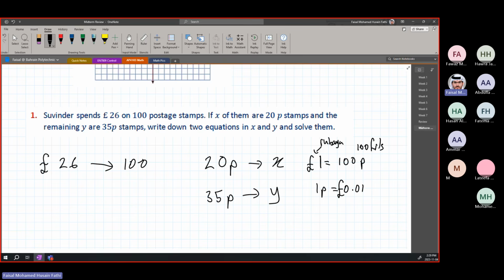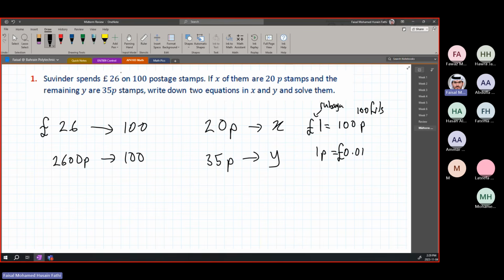So there are two ways of doing it. Instead of 26 pounds you could say 2,600 pence gives 100 postage stamps. So the total is that he spends 26 pounds or 2,600 pence on 100 postage stamps.